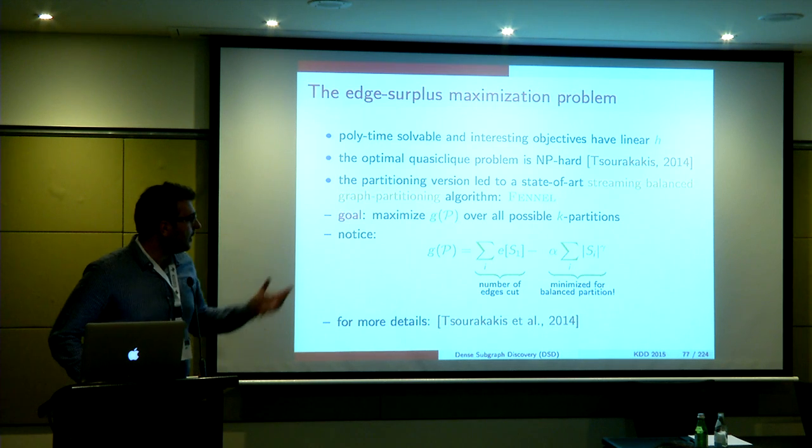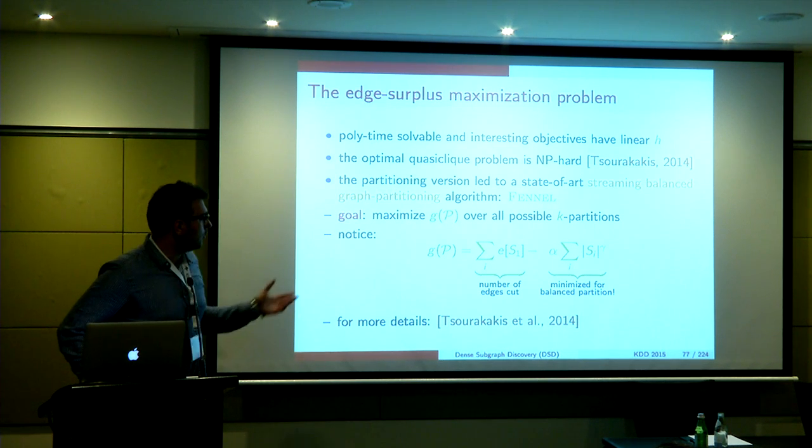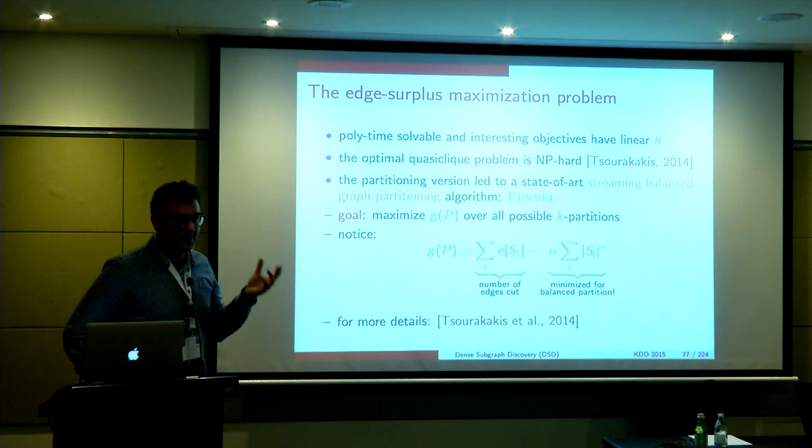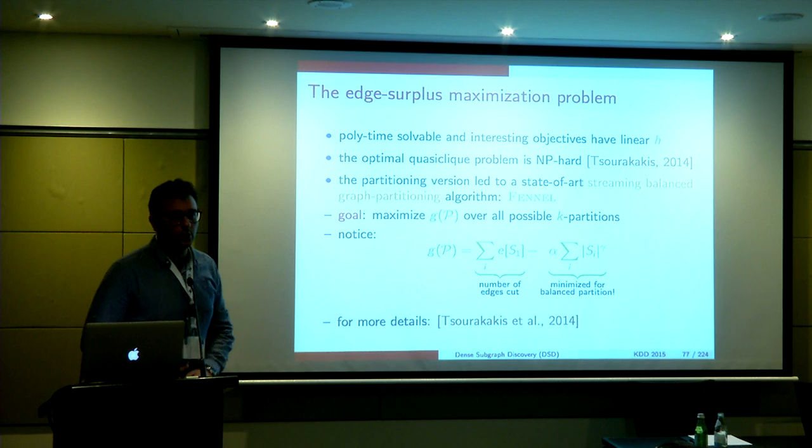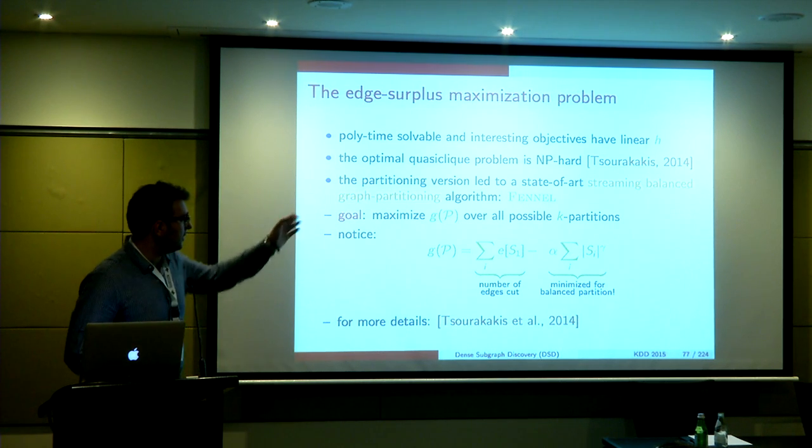So I used this edge surplus framework to come up with a relaxation, a Lagrangian relaxation essentially, of the balanced graph partitioning problem, which turned out to give state-of-the-art performance. You can find out more by Googling Fennel.